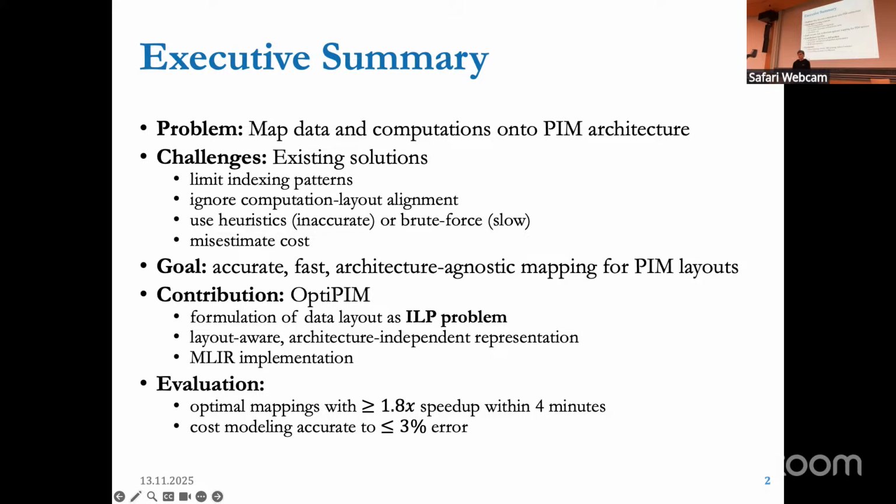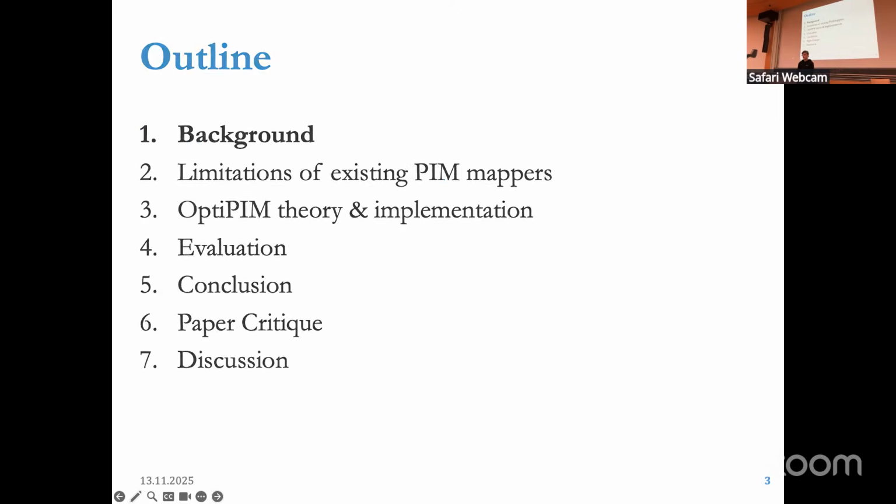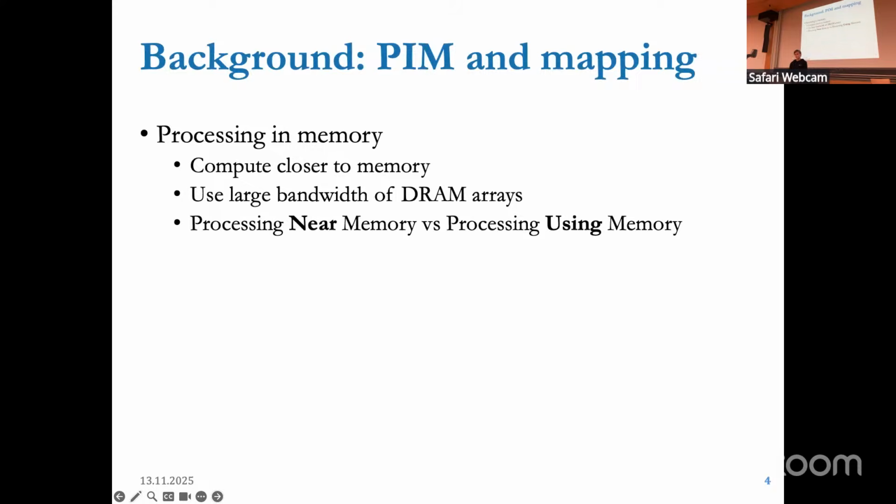In total, we can see that OptiPIM produces mappings which have at least a 1.8 times speed up over existing PIM mapping solutions within less than 4 minutes, and they model the costs accurately to less than 3%. First of all, let's look at what PIM and PIM mapping is all about.